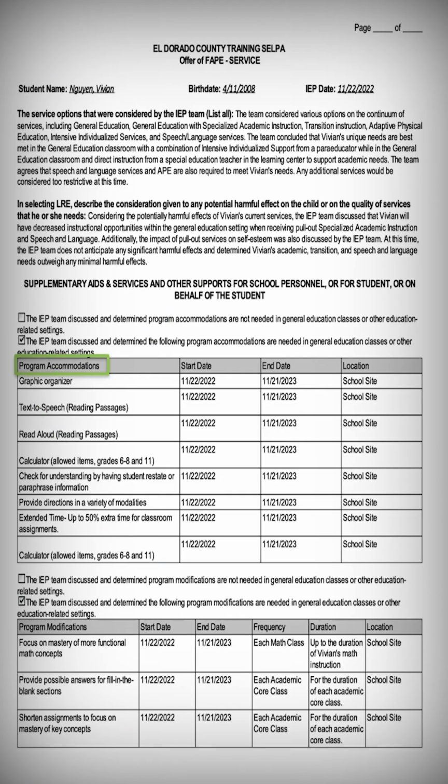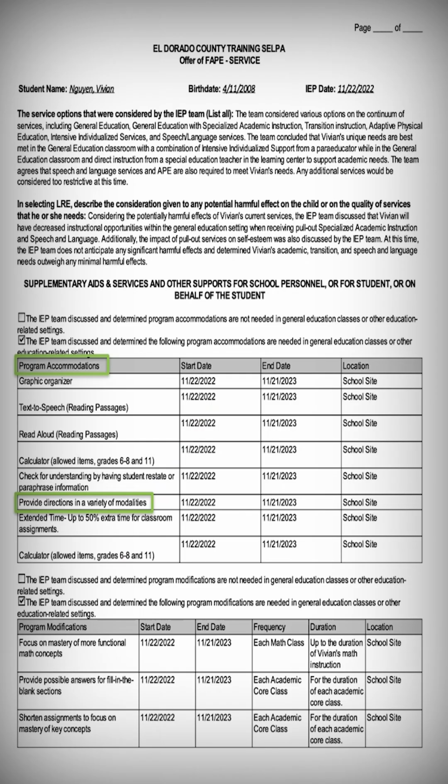Now, let's look at accommodations. Remember that every IEP is individualized, so your child's accommodation may look similar to Vivian's or may look completely different. The supports are based on what your child needs. So, in Vivian's plan, one accommodation is giving directions in multiple ways.